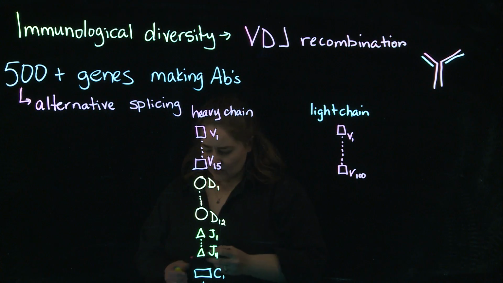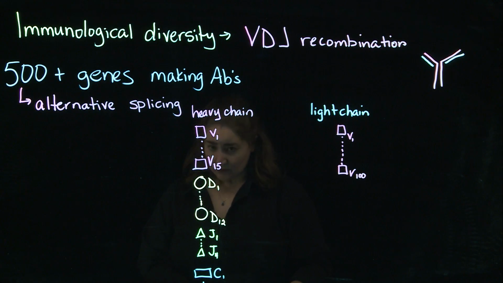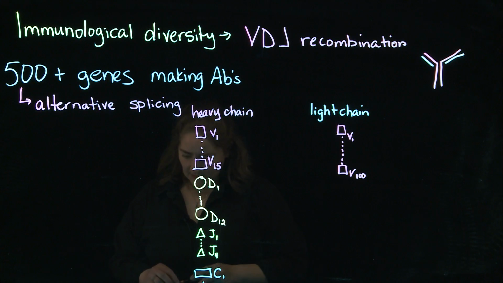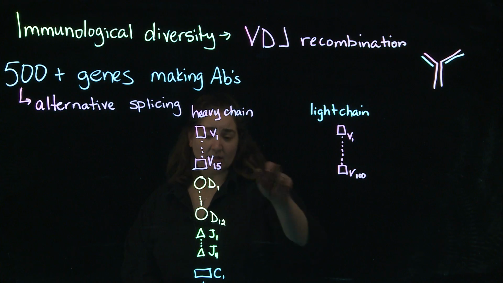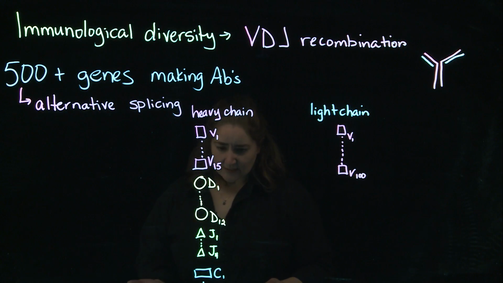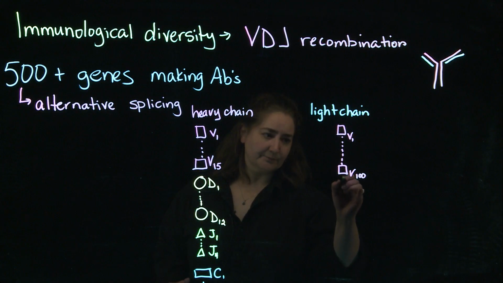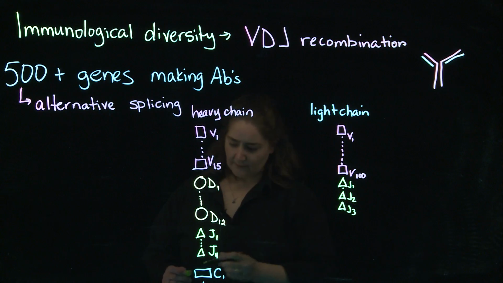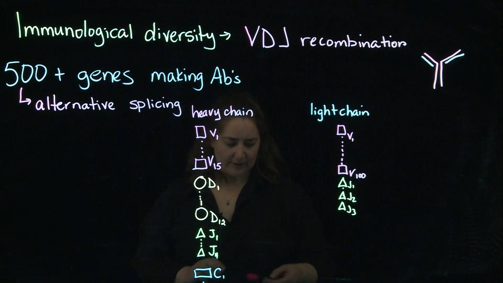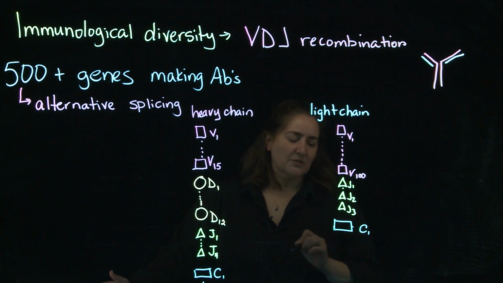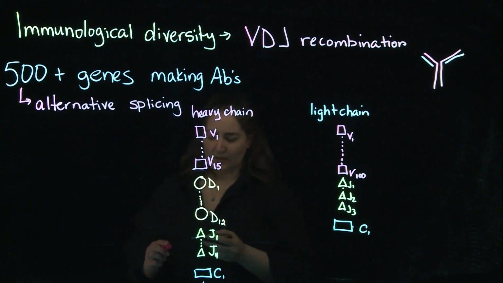D is next, and that's going to be a difference between our light chain and our heavy chain: there's no D. We still have J, but we have fewer options with J. I guess I can just draw them all in: there's J1, J2, J3. And then we've got one option for a constant region, okay?